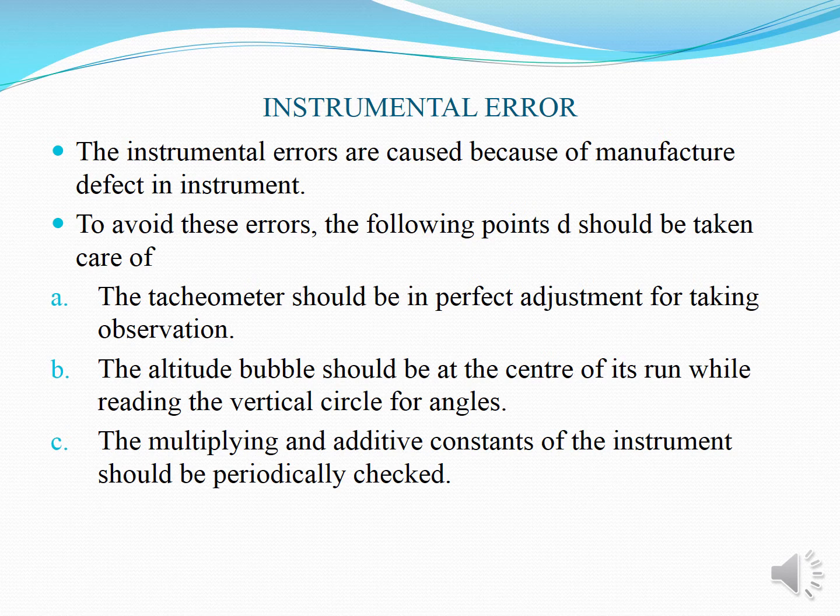Second, the altitude bubble should be at the center of its run while reading the vertical circle for angles. Whenever we use the vertical circle for measurement of angles, check that the altitude bubble is at the center of its run.